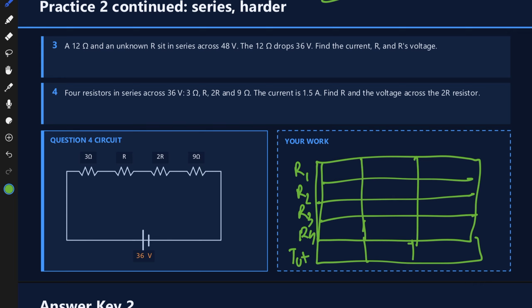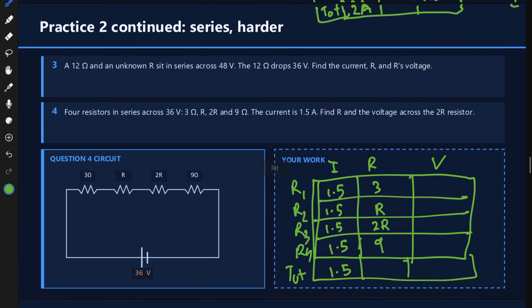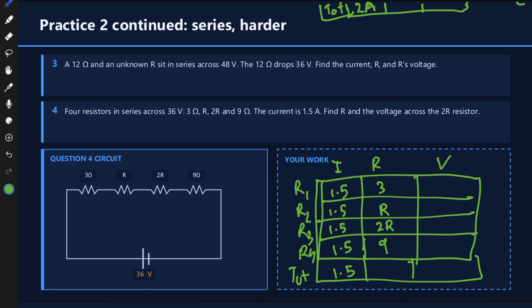The current is 1.5 amps, so 1.5 all around. Resistances are different. 3 ohms here, R ohms here, 2R ohms here, 9 ohms here. The total voltage is 36 volts.